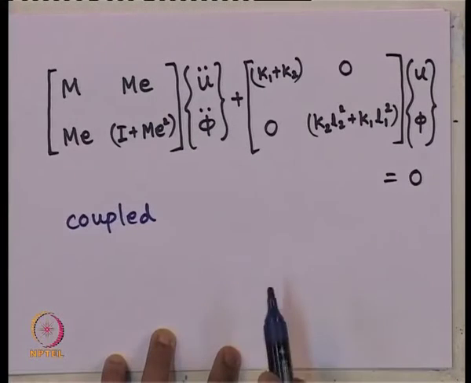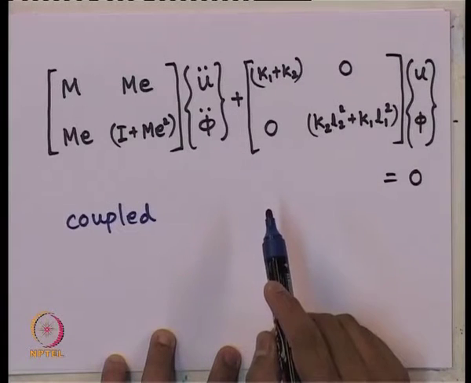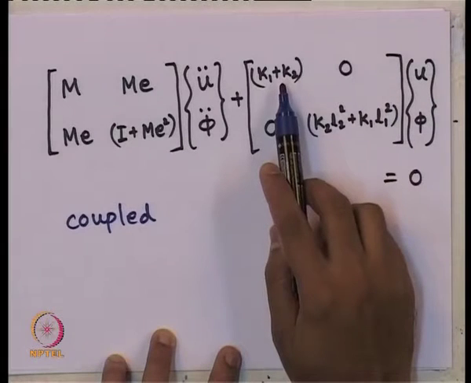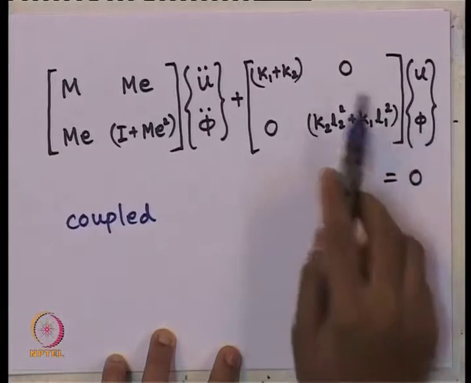Whereas in the stiffness matrix, the entry due to the vertical displacement is non-zero, but the other entry because of the rotational displacement is 0.